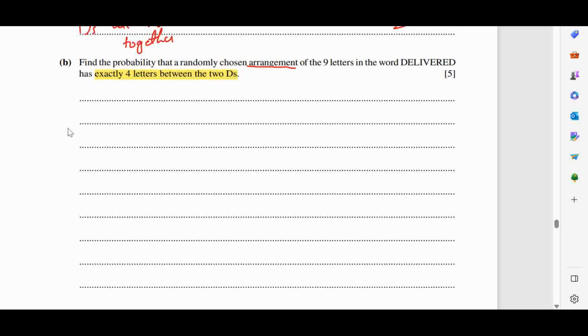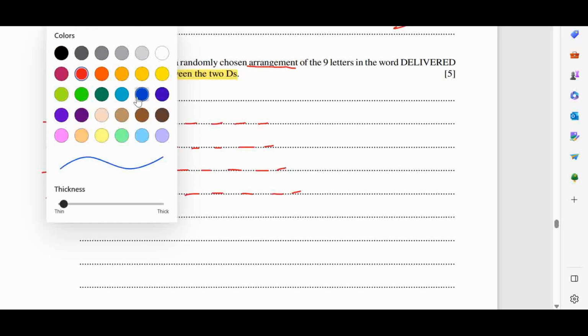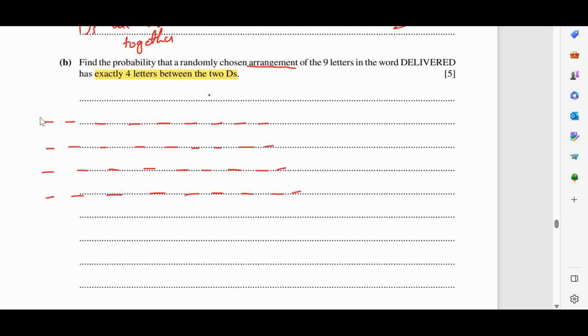Let's find out the total possibilities over here. Let's say the first D is here, so the next D will be 1, 2, 3, 4, so the next D must be over here.